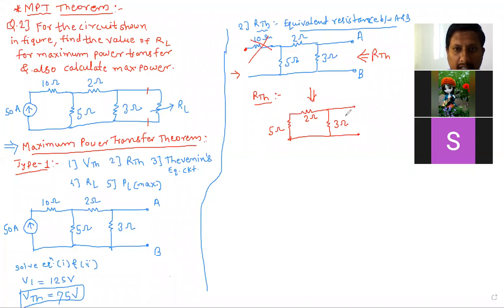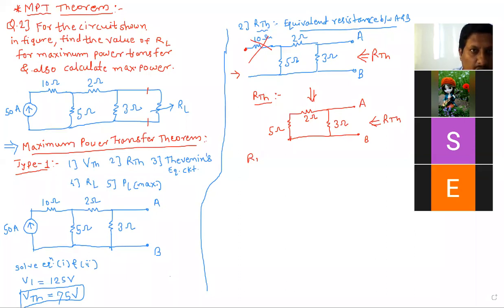So 5 and 2 are connected now in series or in parallel? Series. Yes, very good. So 2 and 5 are connected in series, and that is in parallel with 3. So RTH is equal to 2 plus 5 in parallel with 3.